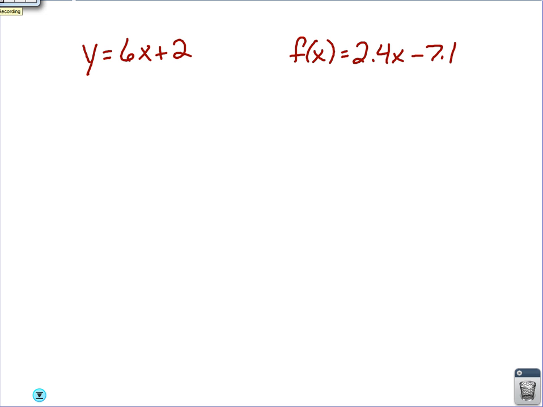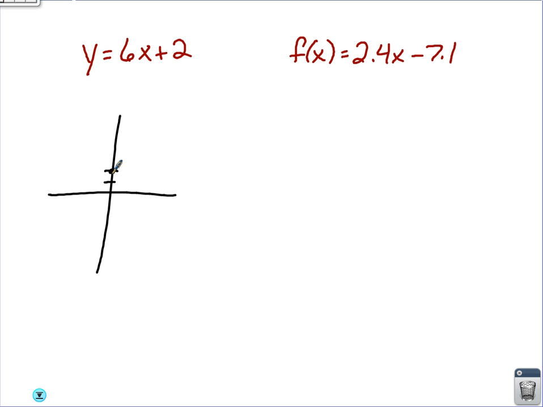So looking at these two equations, functions, if we're asked at what point, now you've got to be careful about this, at what point will this function cross the y-axis? We know that this y equals 6x plus 2 will cross it here, up 2 units. I don't know where it's going to go from there yet, but we do know it's going to cross here.